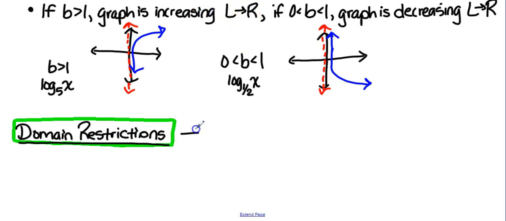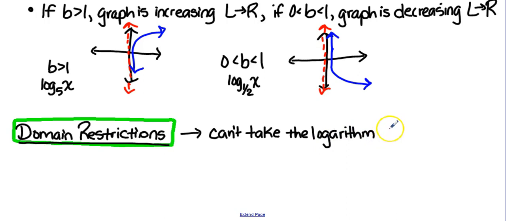As we discussed when we were solving logarithmic equations, we have a domain restriction because there is a value of x that has to be excluded, and it's where that asymptote is located. We can't take the logarithm of a negative or 0.